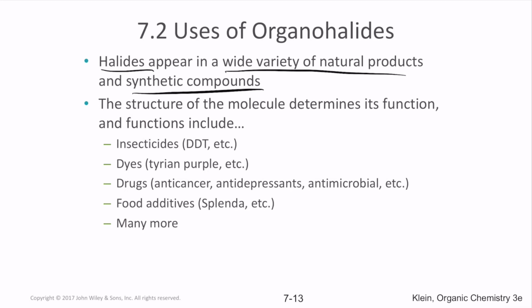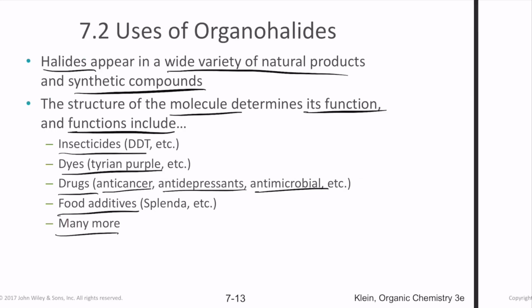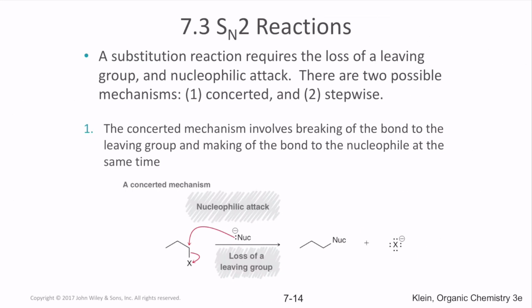The structure of the molecule basically determines its function, and the functions commonly include things like insecticides, dyes, drugs, food additives, and many more. Some of the most common drugs, like anti-cancer medication, antidepressants, and antimicrobial compounds, all use organohalides as a part of their structure. Now let's come to the first type of reactions, SN2 reactions.